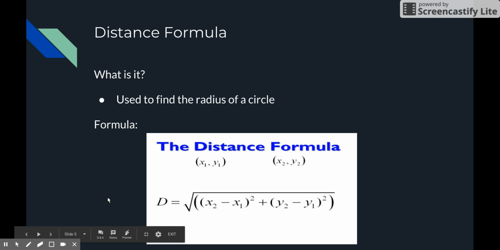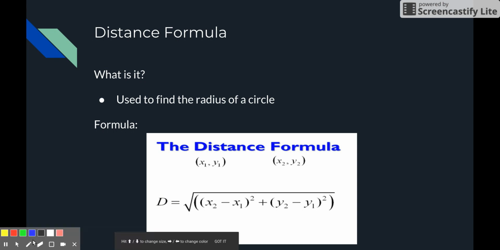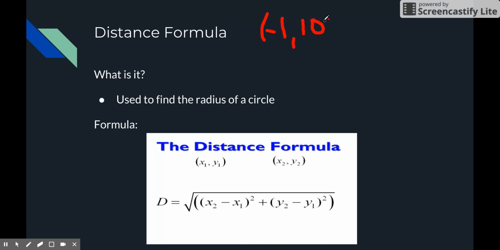So plug in the x and y values into the equation, and you end up with the square root of (negative 1 minus 0) squared plus (10 minus 0) squared.